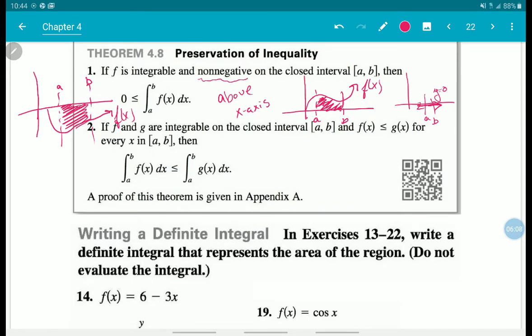So in this case, we would be talking about this piece. Because this function lives under the x-axis, then we would expect this area to come out being a negative number. And the negative just means it lives below the x-axis.